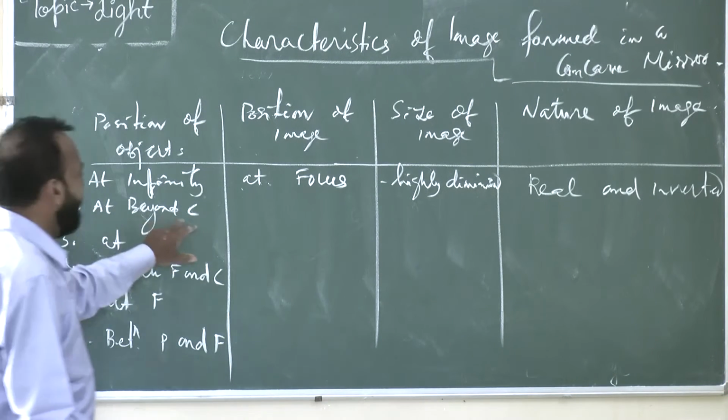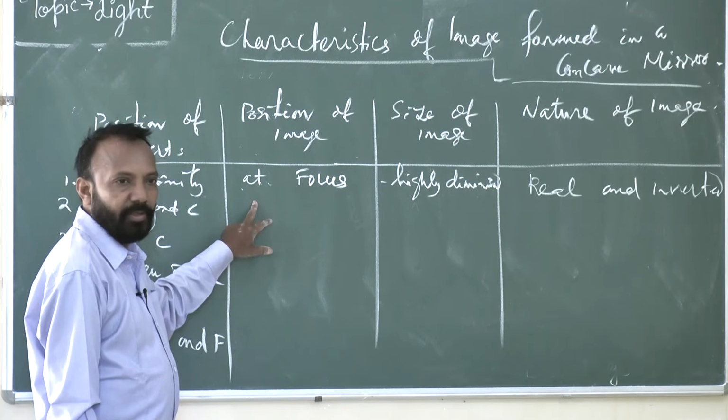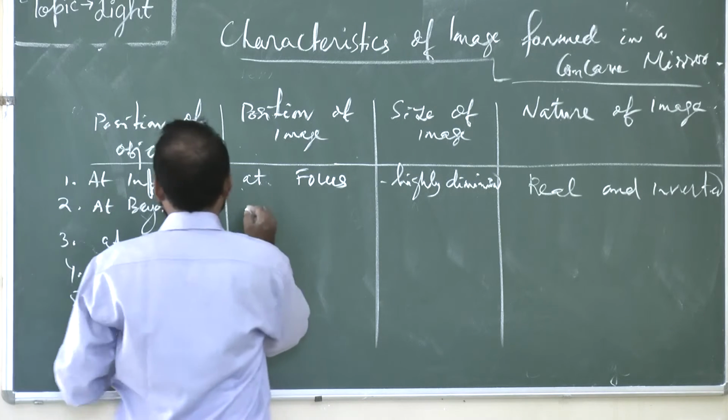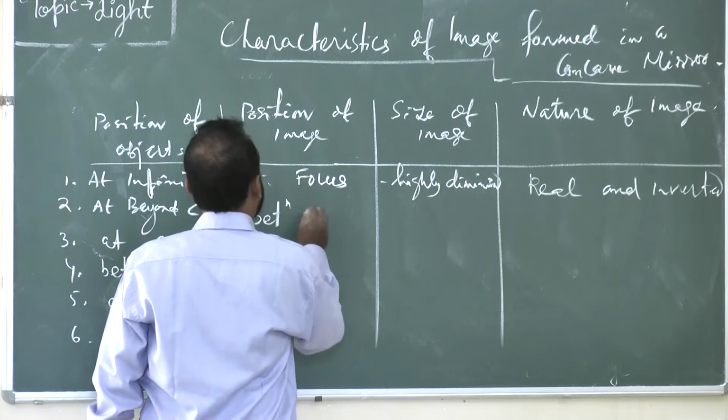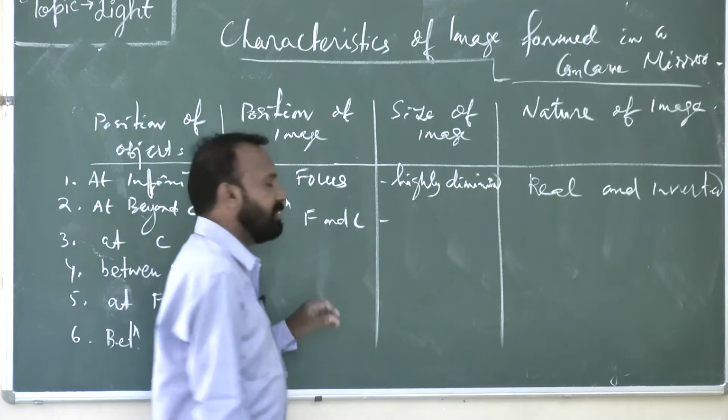Okay, please tell me, for an object beyond C, the image will form between F and C. It is smaller than the size of the object.